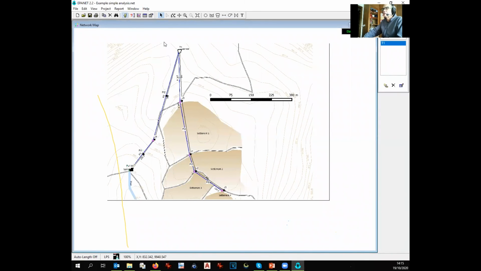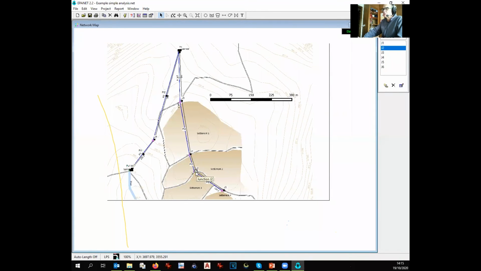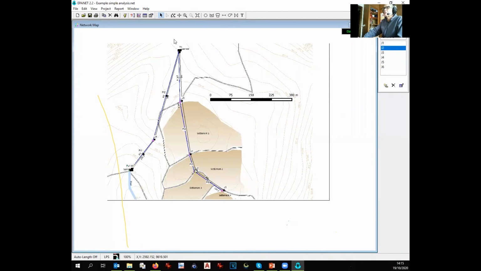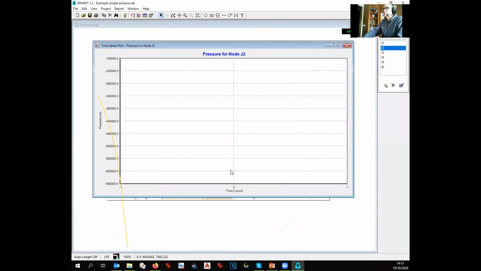I run it, and there are mistakes. Why? Because I run the system without water. Of course, the junctions are disconnected, and if I check the pressure of this junction, junction 2, I have an extremely negative pressure, so the system doesn't work without water.